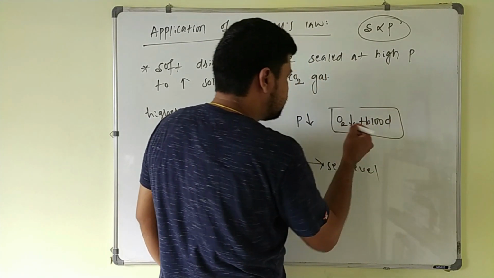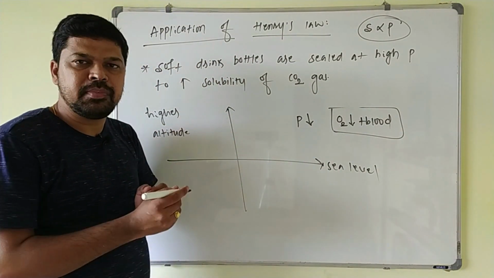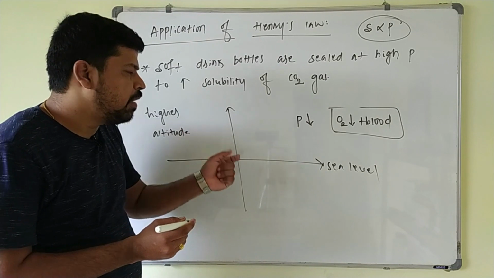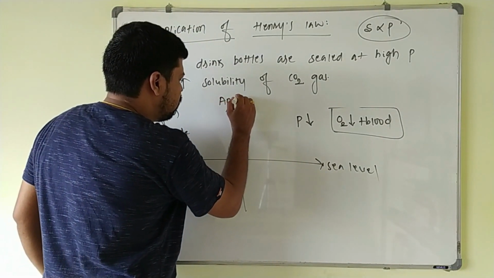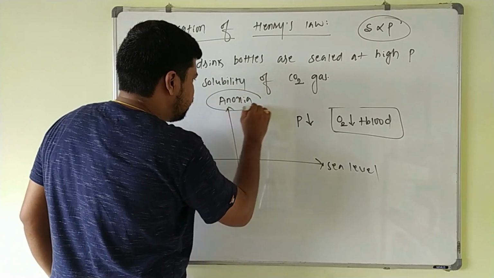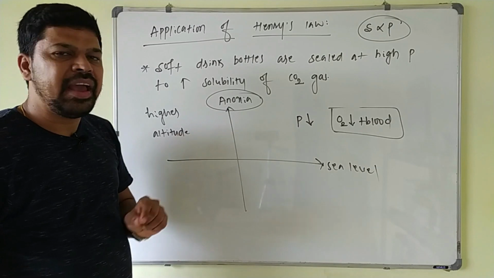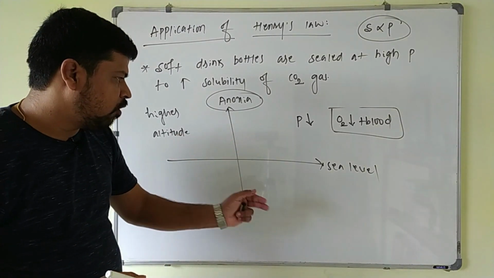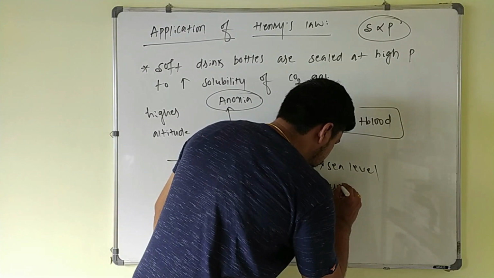This low concentration of oxygen creates weakness in the person, and even reduces the thinking ability of the person. That condition is called anoxia. So always keep in mind, low concentration of oxygen in the blood creates anoxia.